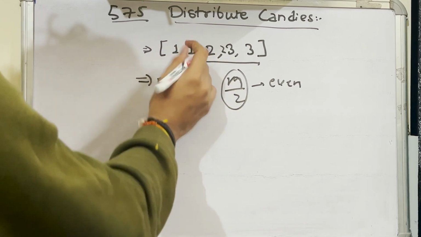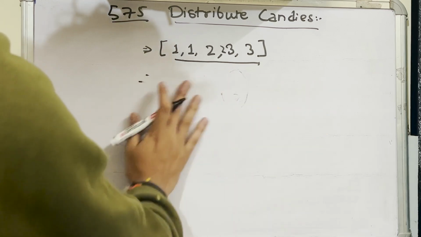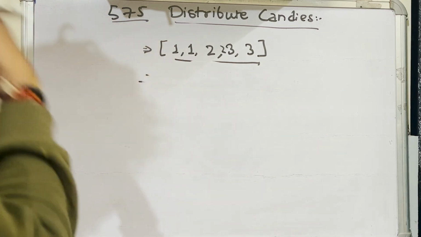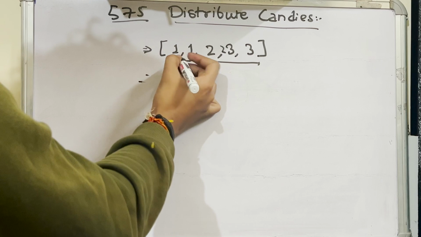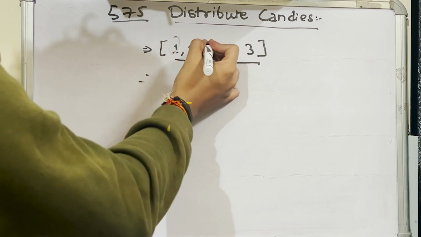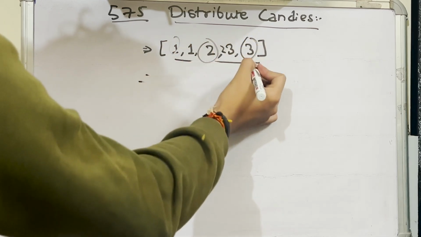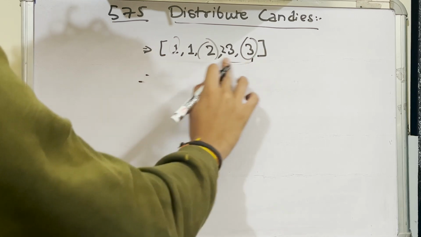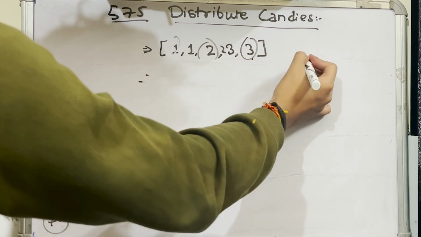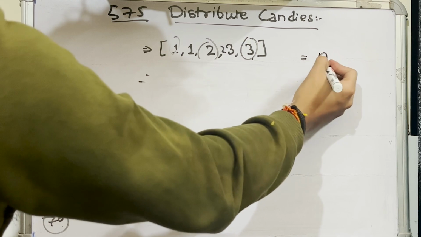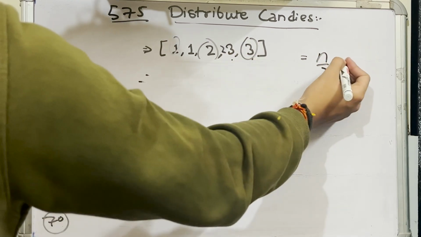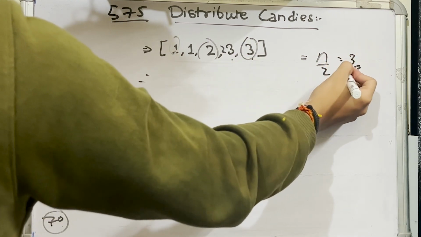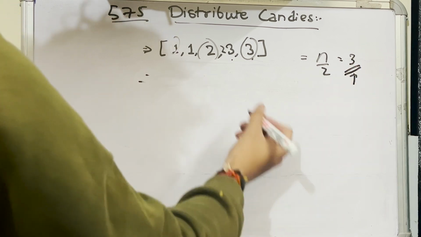For example, in this simple array, these are the different types of candies: this is type 1, this is type 2 candy, this is type 3 candies. The doctor is advising at most she can eat n by 2. The size is 6, so n by 2 will be 3, so she can eat at most 3 candies.